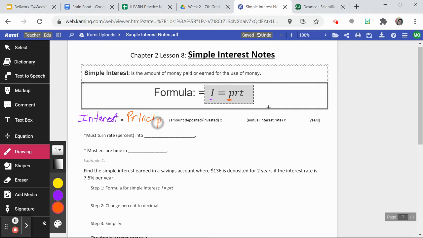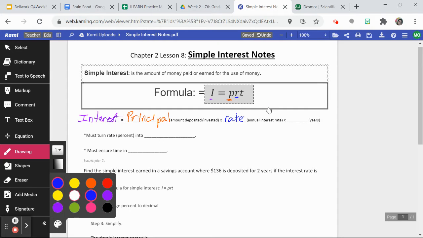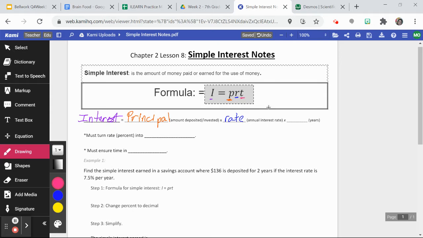Then we have R. This is the rate, and it is always put into years as an annual interest rate. And T is for time. You always want to put this into years, right? As you will go through.